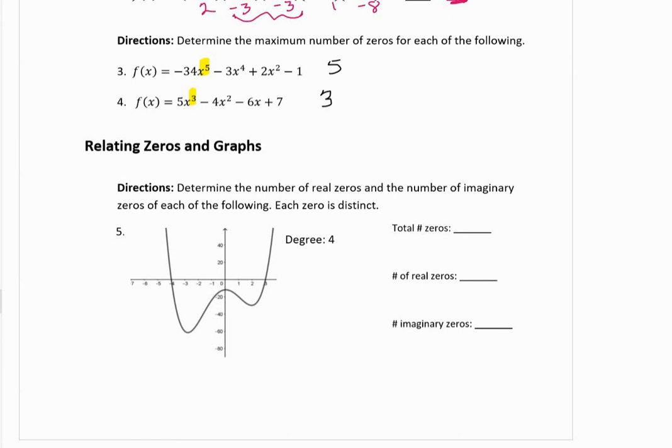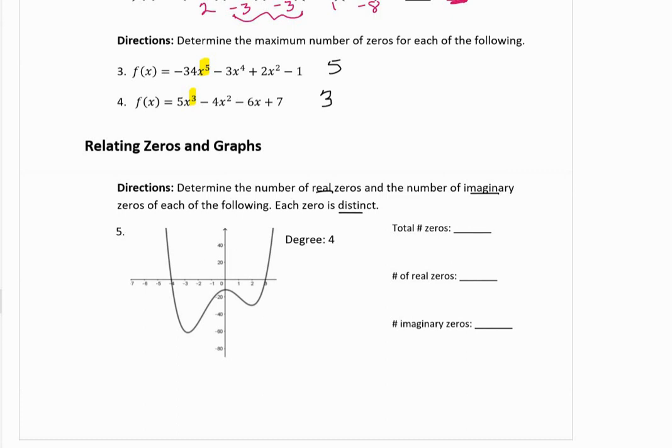Right, now we're going to be looking at how we're going to relate zeros to graphs. This problem, the directions say determine the number of real zeros and the number of imaginary zeros of each of the following. And each zero is distinct.